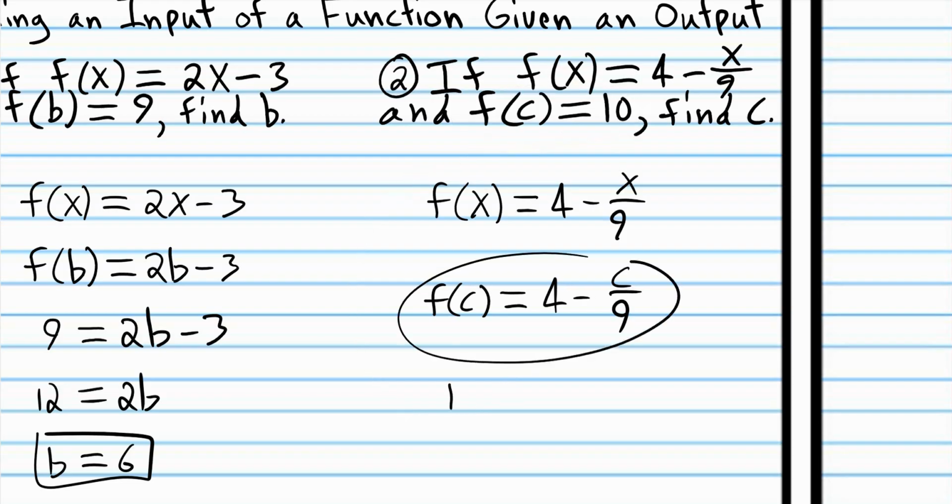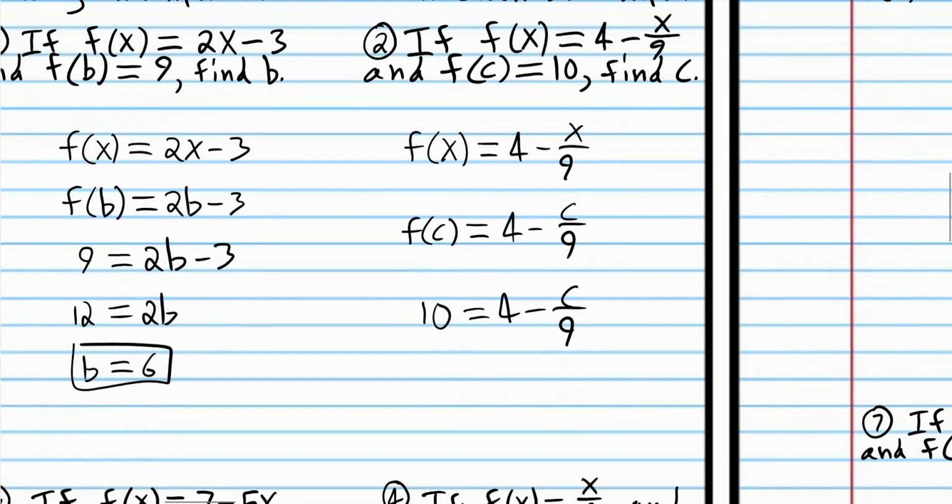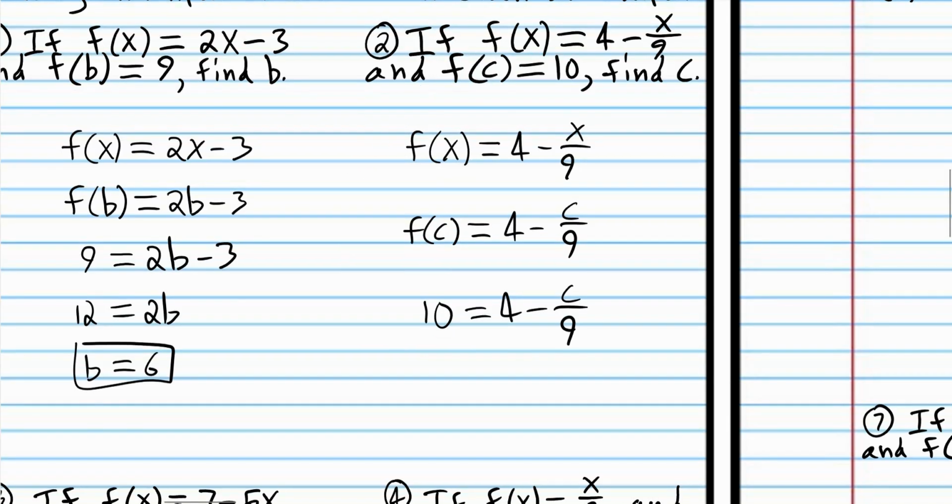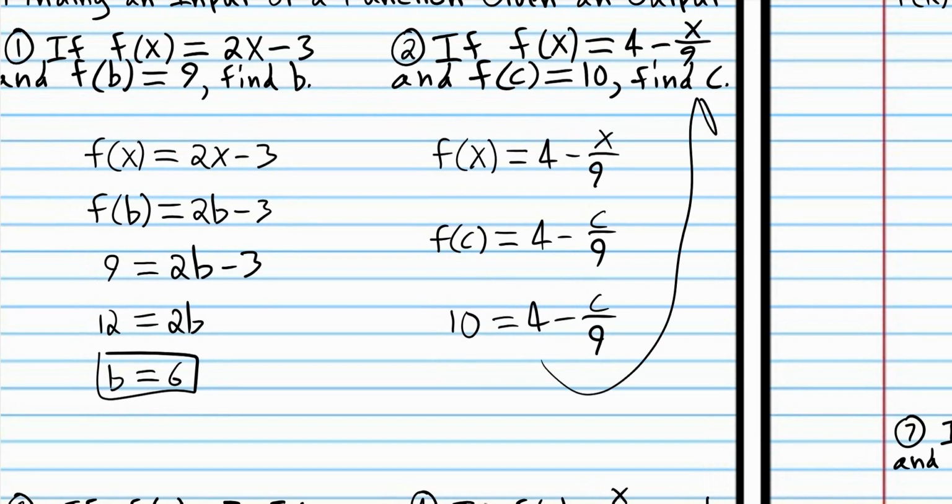So I'm going to rewrite the same equation, but instead of f of c, I'm going to write 10. So it's the same exact equation, but we know that f of c is 10. We're told that information up here. So now we just have to solve for c and find the value that we plugged in to get 10 as our output.